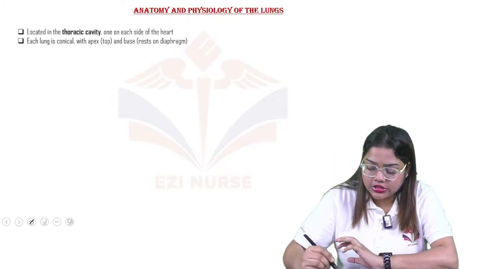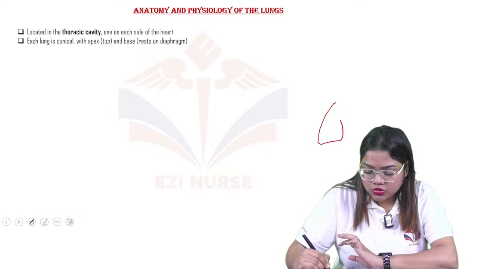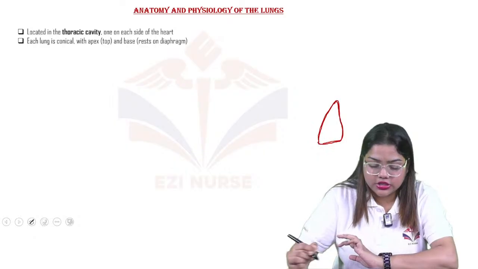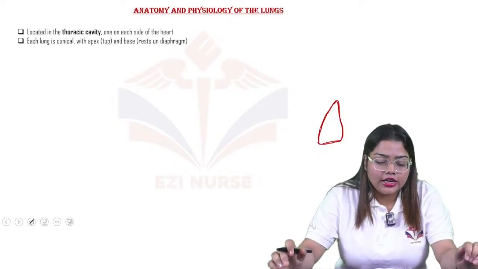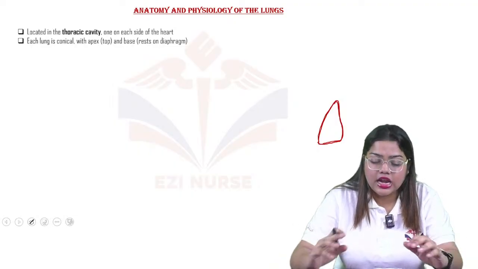Now how does a conical shape look? So this is what we can call a conical shape. It ends with the apex at the top, and the base is the diaphragm.